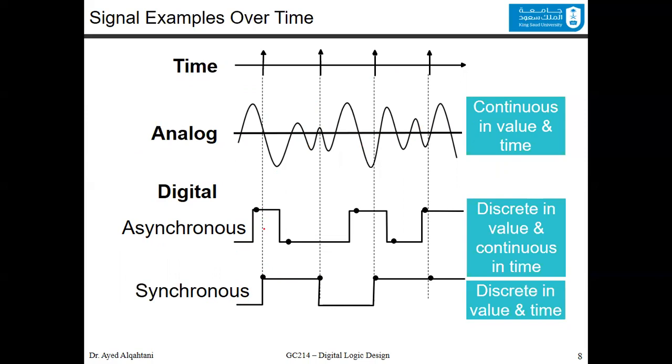You can see that it doesn't change its values on those predetermined cycles, like here, here, and here, and here. The change happens at any point of time. So it's discrete in value and continuous in time. And the synchronous one is discrete in value and time. You can see that the change happens only in those discrete times.